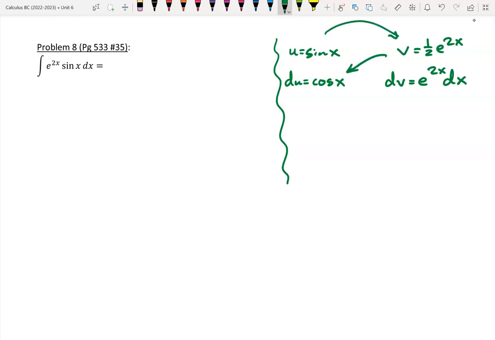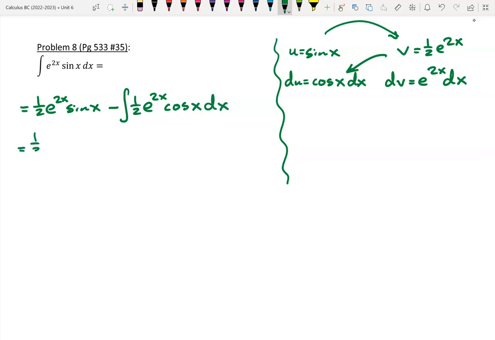All right, so let's see what we have. That is equal to 1/2 e to the 2x sine of x minus the integral of v du, oh, I forgot my dx there. So that should be 1/2 e to the 2x times cosine of x dx.